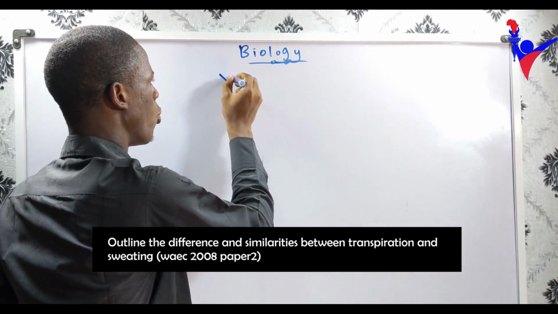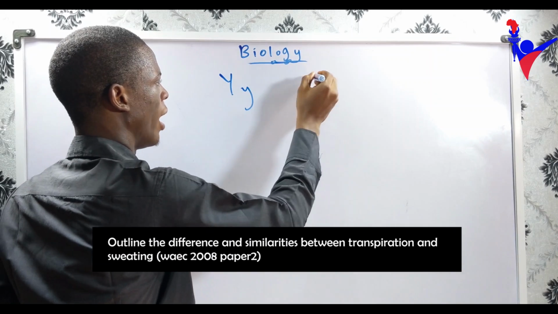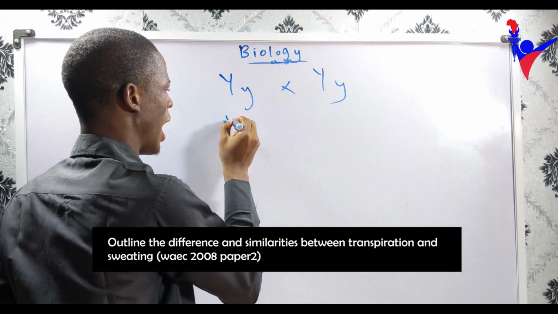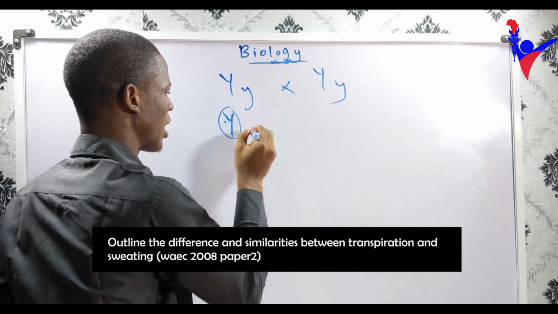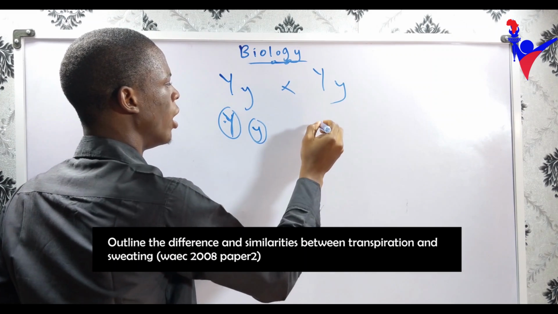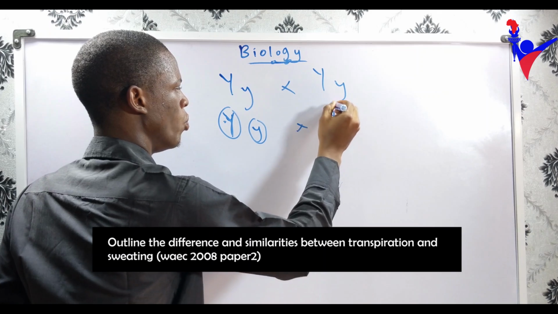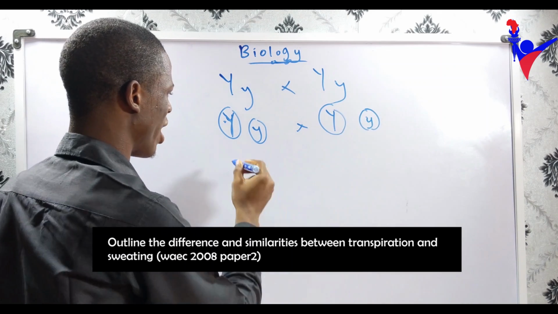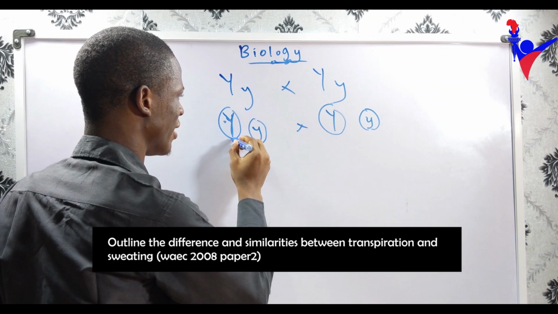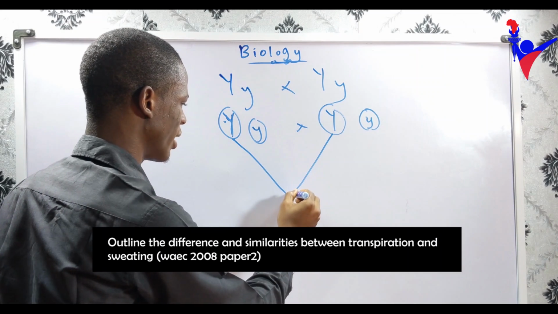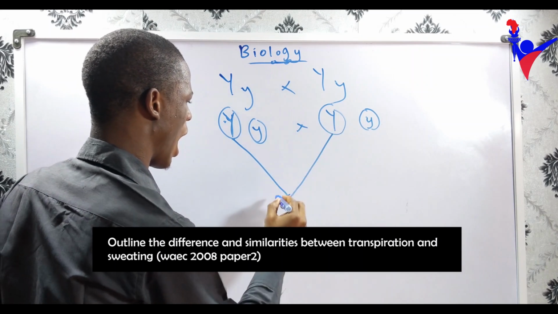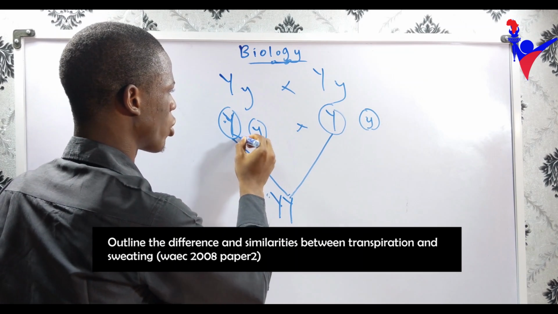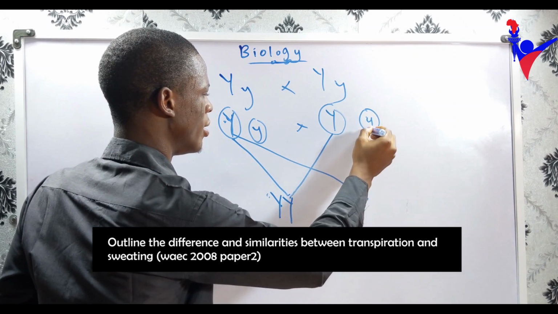So this Y and this Y being crossed, we have Y, like we said, a gamete, this capital Y, and there's a small y, also with the other gametes. This is very crucial for those writing the written exam. So you cross it, you have your Y and your Y, which is homozygous, and you cross it with the other Y.